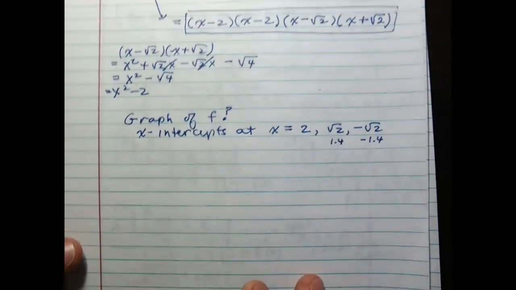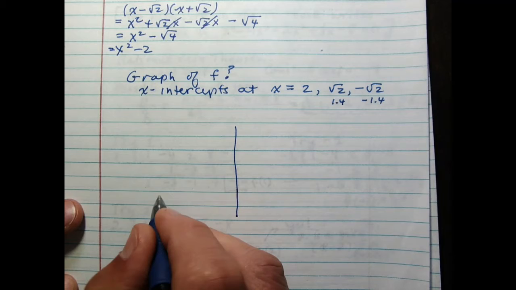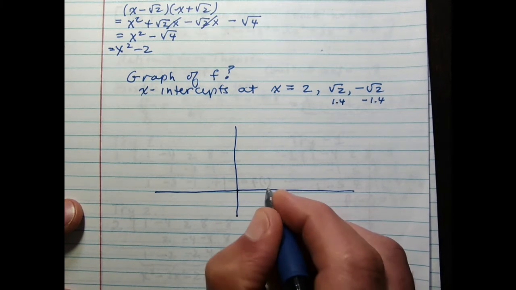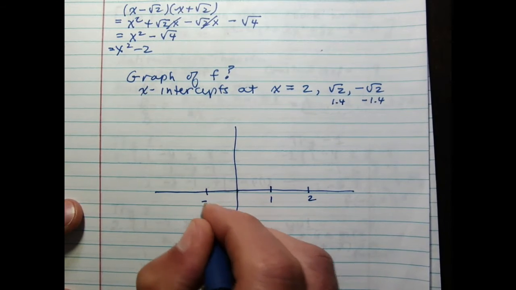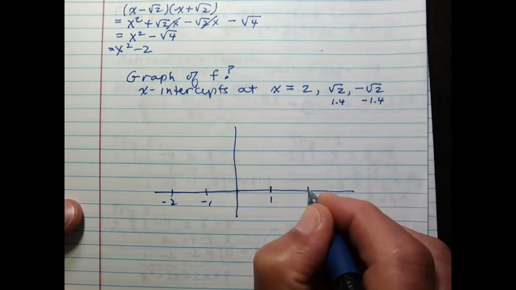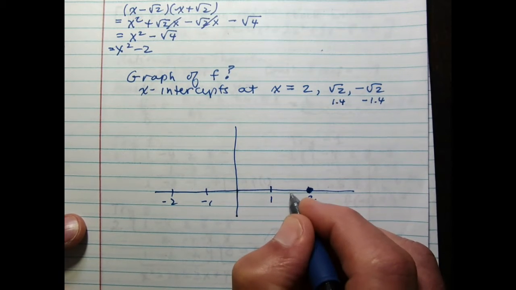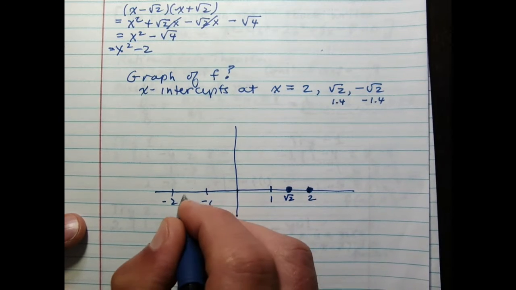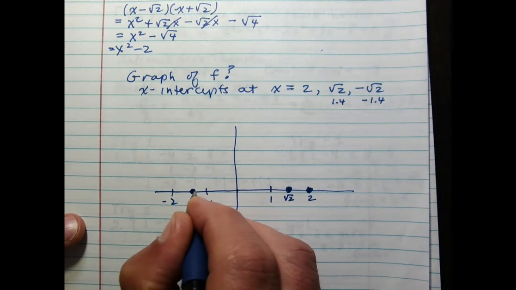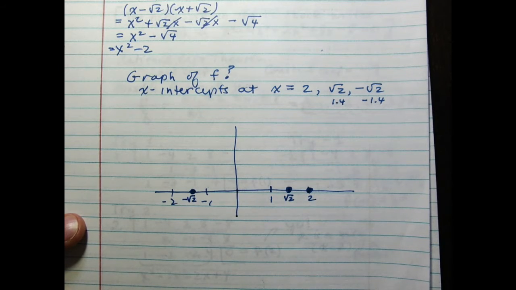So I'm just going to draw a very rough sketch by hand. 1, 2, -1, -2. So we have a 0 at 2. Square root of 2 is about 1.4, so between 1 and 2. And negative square root of 2 is between negative 1 and negative 2.